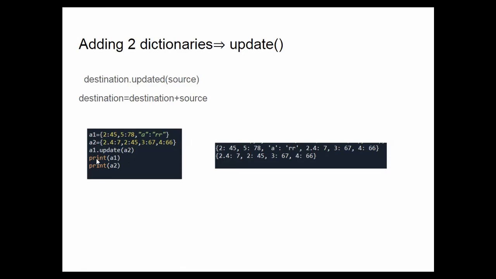After this, A1 will be updated. So the contents of A1 are nothing but A1 equal to A1 plus A2. So A1 dot update of A2 indicates A1 equals A1 plus A2. If you print A1, I'm going to get the updated A1, whereas your source will remain as it is.